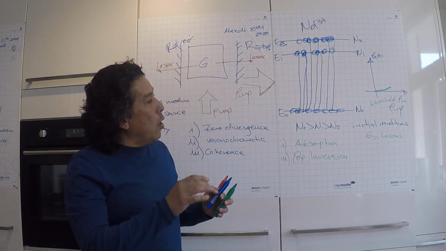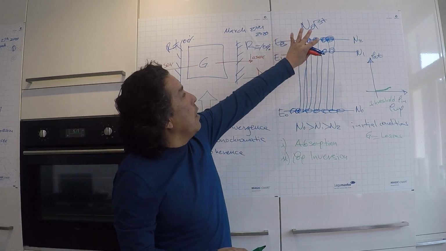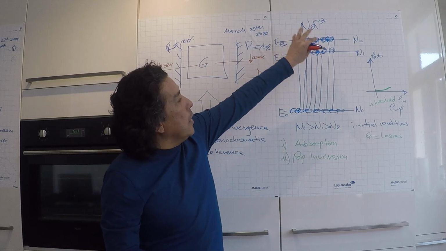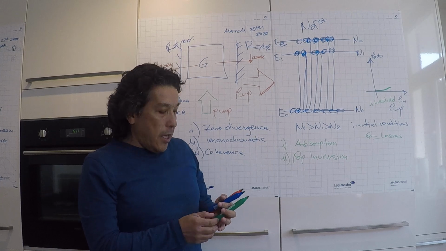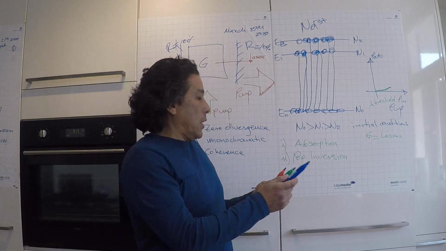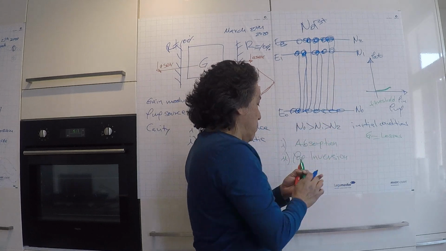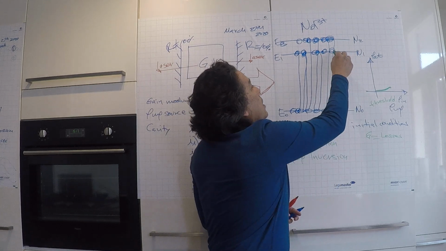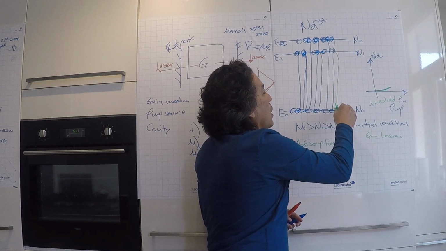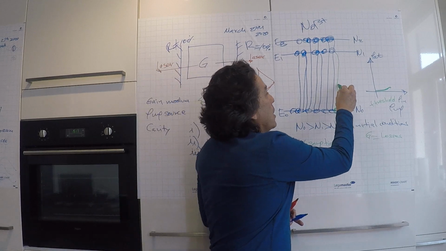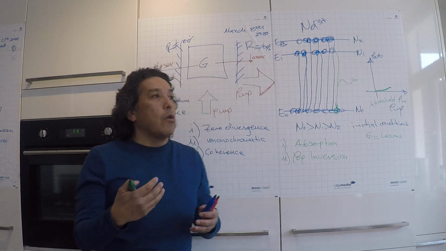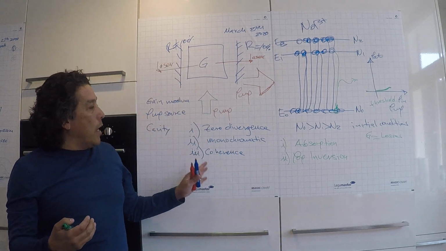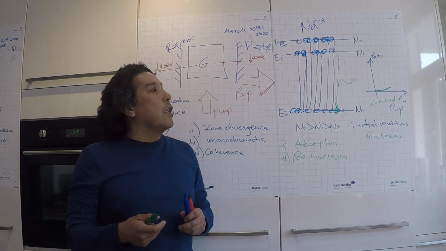But there are two options to emit for this material. When the ions are in the upper state levels, the high energy levels, they can by themselves release the energy, which means they go down in energy level, and they release the energy in a not organized, not monochromatic and non-coherent way.